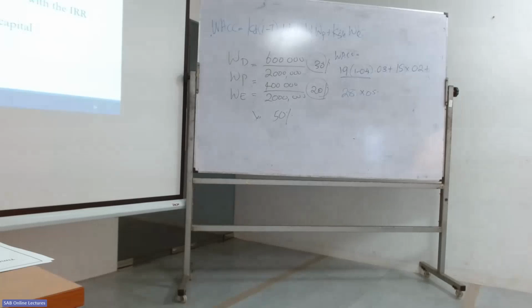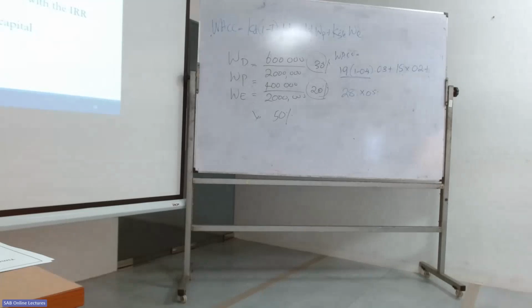And also, when estimating the IRR, IRR is the project's internally generated rate of return. So this IRR you can compare with the cost of capital to decide whether we accept or not this particular project. So therefore, we consider this WACC as the hurdle rate benchmark in conjunction with the IRR.